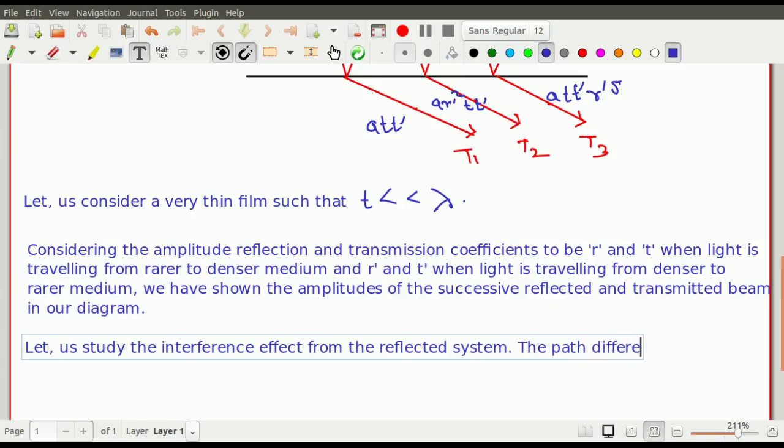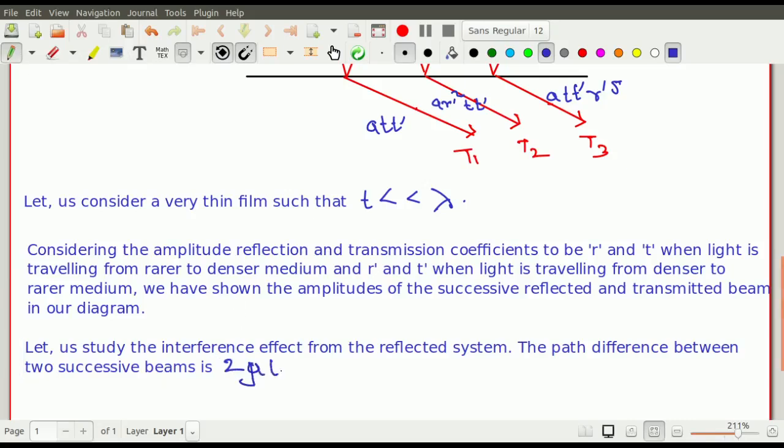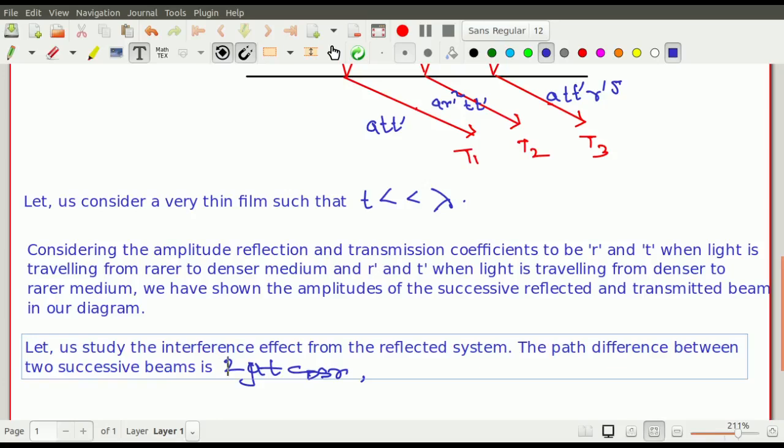The path difference between two successive beams is 2 mu t cosine r, which in this case can be neglected, which in this case can be taken to be 0.